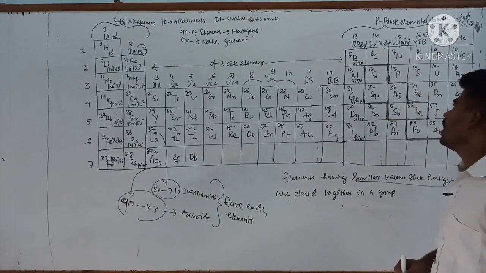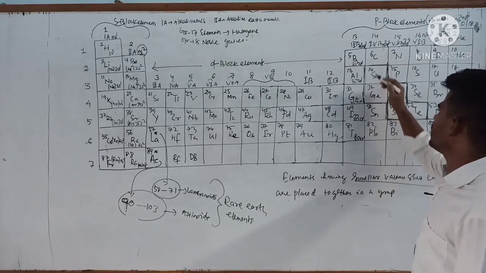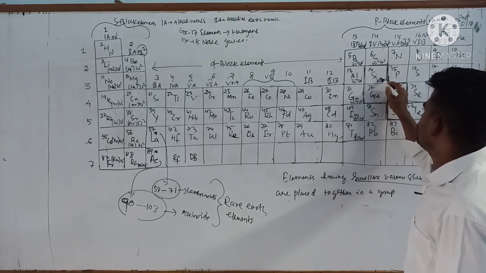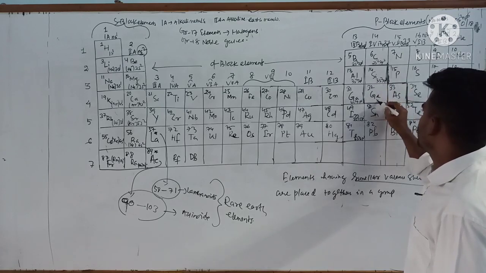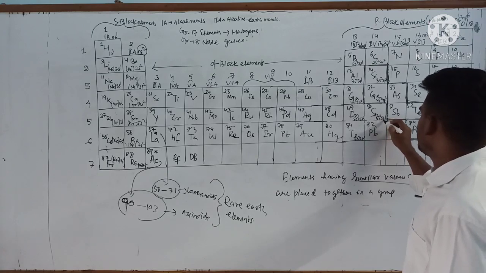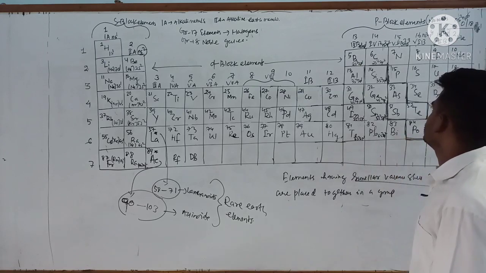Easy. And this is carbon, ns2 np2, so that will be 2s2 2p2, 3s2 3p2, 4s2 4p2, 5s2 5p2, 6s2 6p2. Clear?